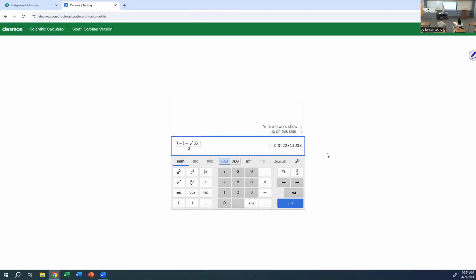I don't know what, but you have to Google later how to put this equation, with the calculator name, and they will give you step by step how to do it. But the answer is 0.37 for the first one, when it's -5 plus.